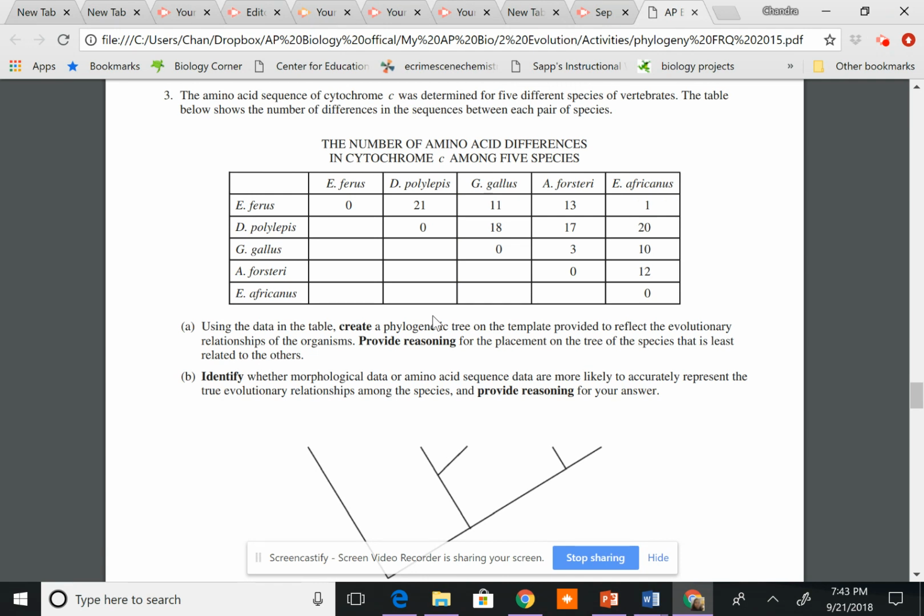College Board loves questions like this where we're doing a side-by-side comparison of one species to another. Sometimes they do numbers like this, and sometimes they do pluses or minuses or a couple of different things.